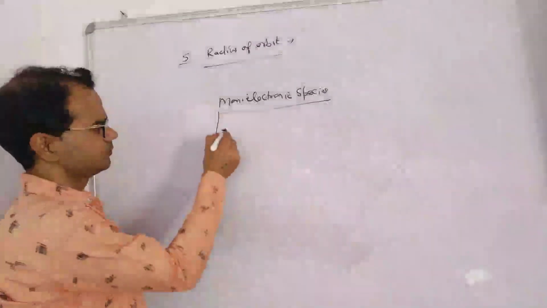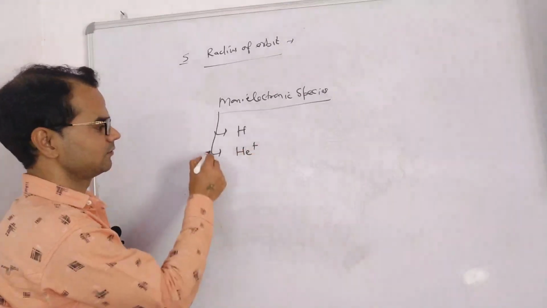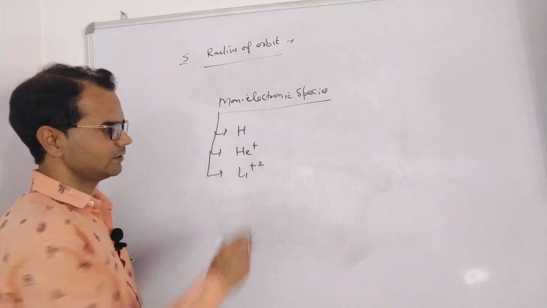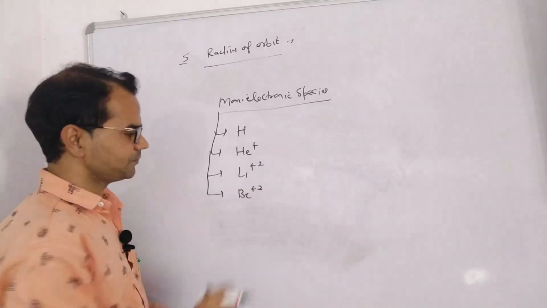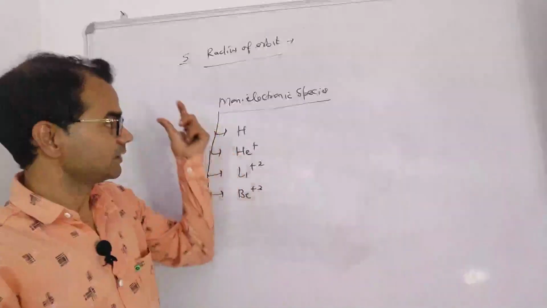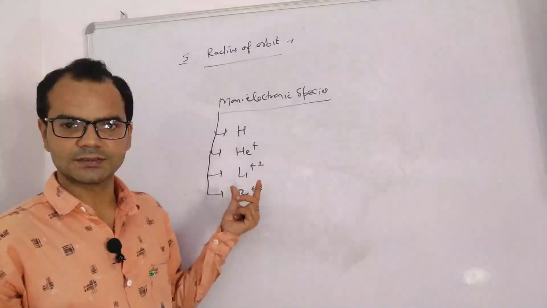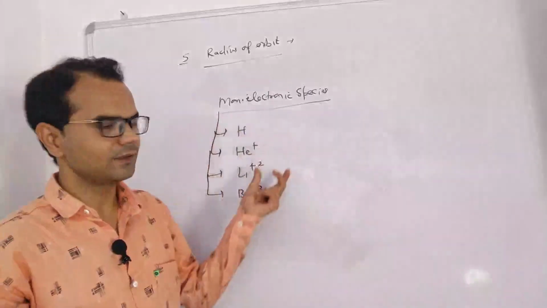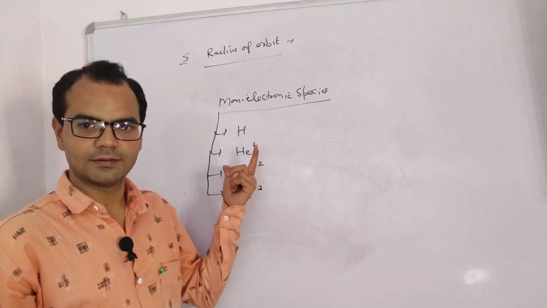For example, hydrogen, helium ion, lithium dipositive ion, and last, beryllium tripositive ion. So this complete model is applicable for these four species, and if they contain more than one electron, then this model is not applicable.